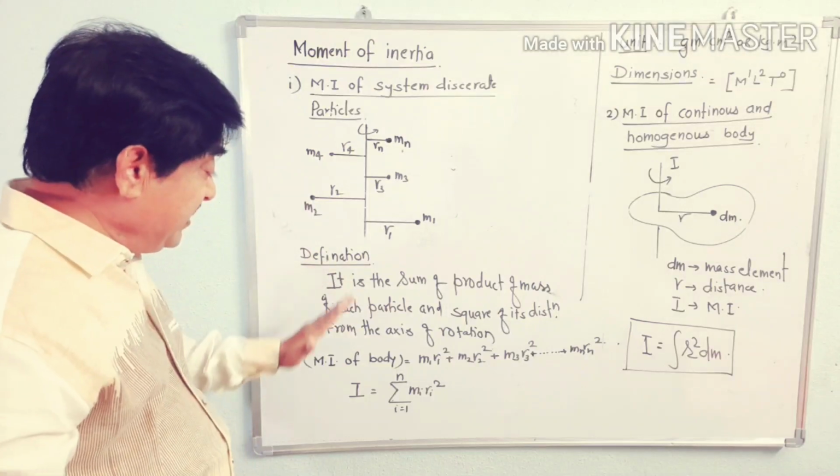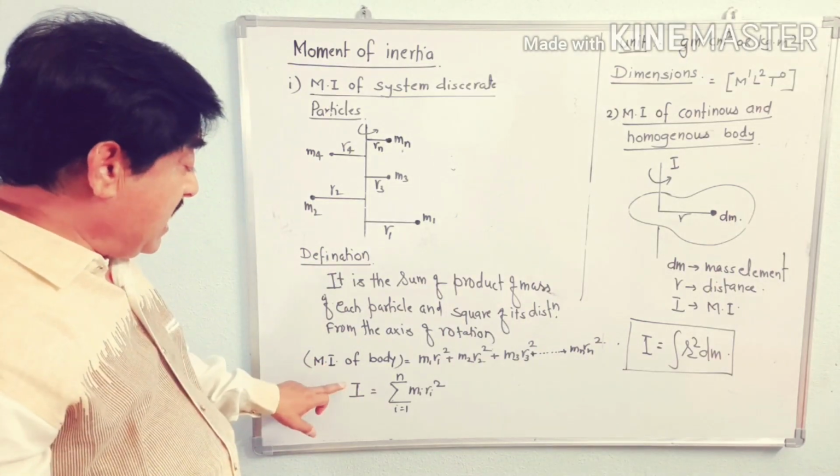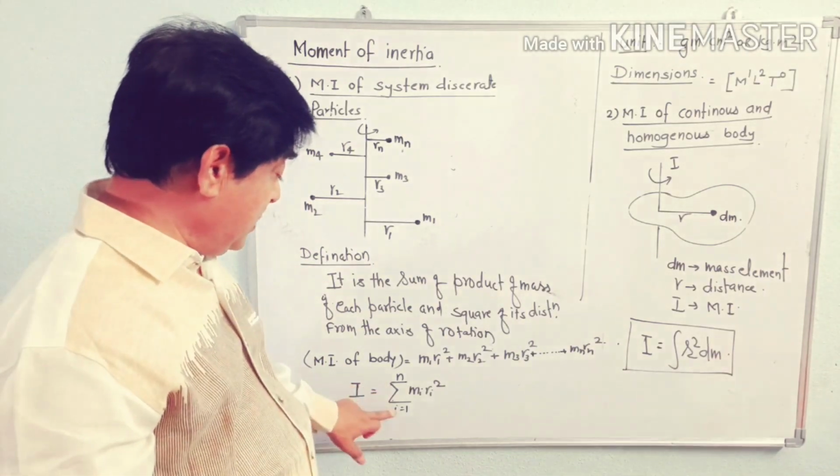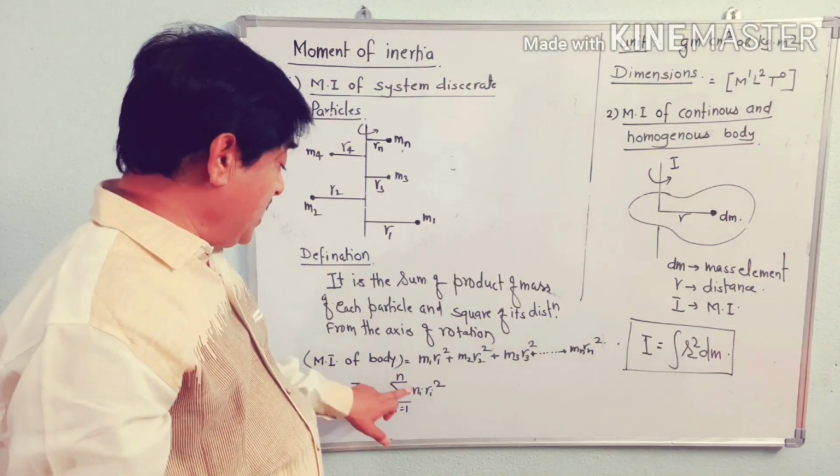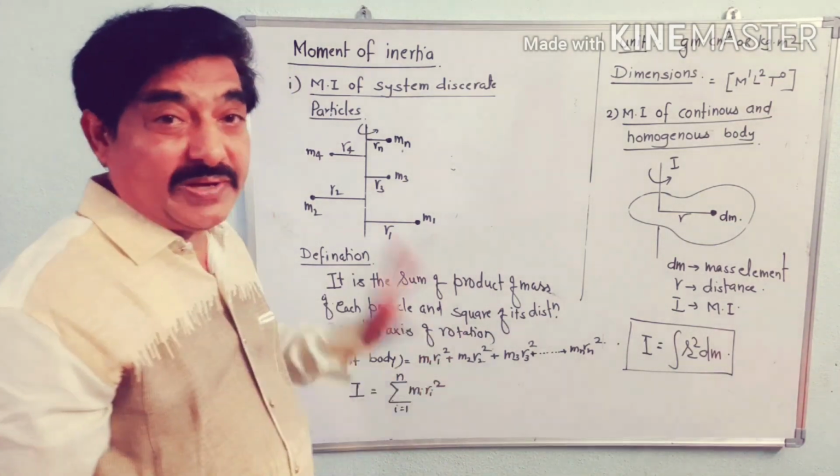So this can be written in the form of summation. I is equal to summation i is equal to 1 to n of mi ri square.